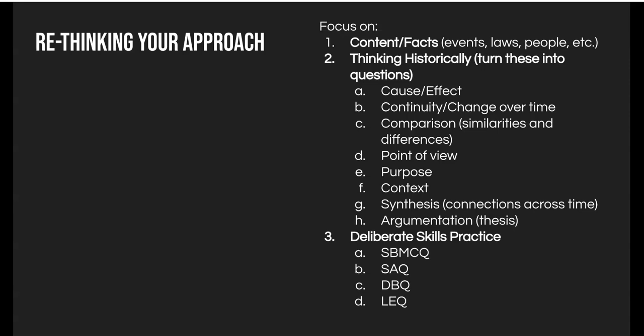All of those historical thinking skills is an important component, right? So how can we best demonstrate those things and apply them to our content, right? Then the last component is doing deliberate practice, right? Practice with questions that you're most likely to see on your exam, another way to effectively study.